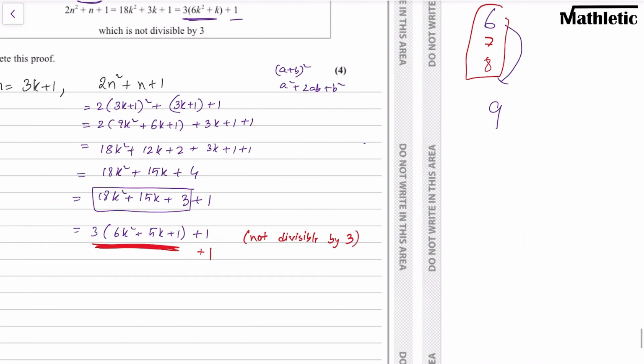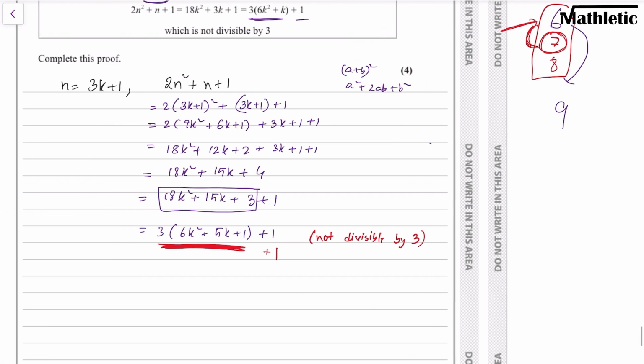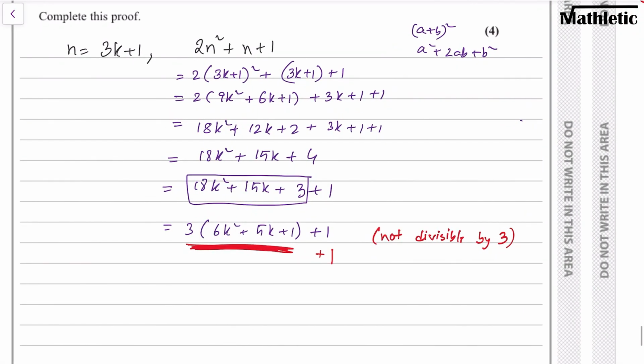Suppose 6 is a multiple of 3. If you add plus 1 with 6, you will get 7, which is not divisible by 3, right? So you just need to check whether it's a multiple of 3 or not. So this first portion is a multiple of 3, but apart from that, we are left with plus 1, making it a term not divisible by 3.